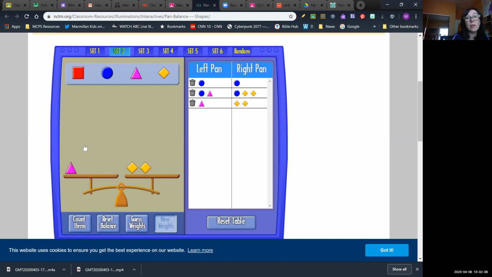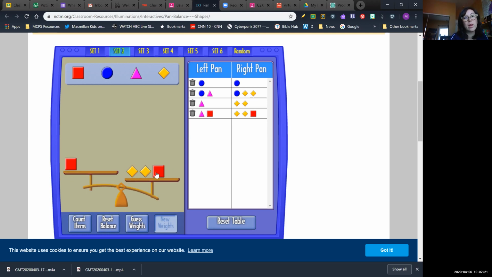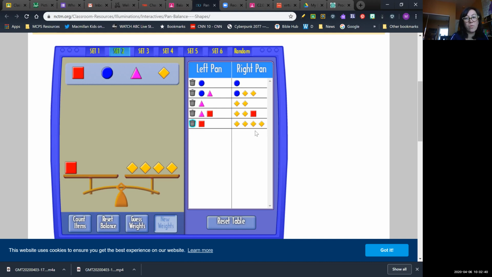All right, I could, of course, add a square to each side and they would be the same. That just doesn't help us figure out the weight of each shape. So let's get rid of that one. And that one. All right, so the square is heavier than 2 diamonds. Let's add another diamond. Let's add another diamond. Okay, so the triangle is worth 2 diamonds. The square is worth 4 diamonds. How many diamonds is a circle?